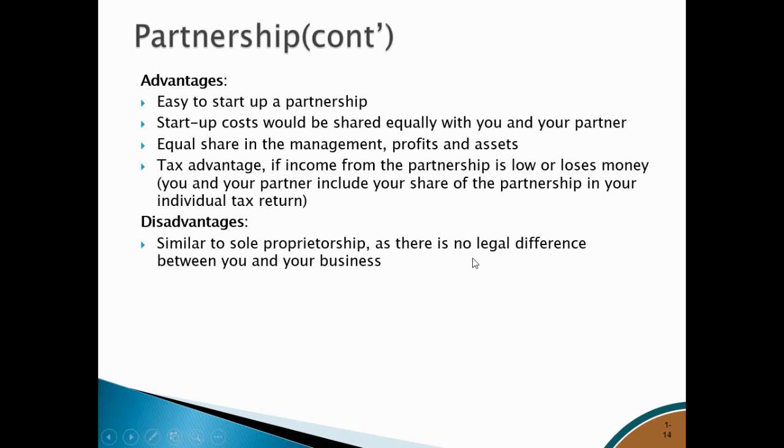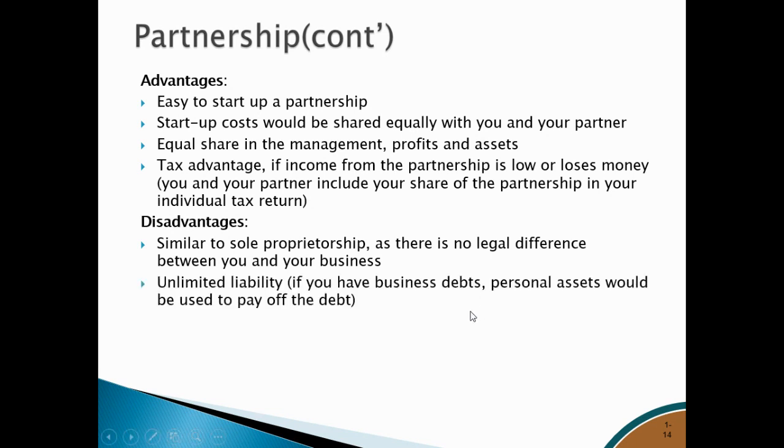If something goes wrong in a sole proprietor, you go against the owner. Same goes for partnership. If something goes wrong, you go after the partners. Even though it's a company, even though it's a business, legally you can't see the difference between the company as an entity and the owners.